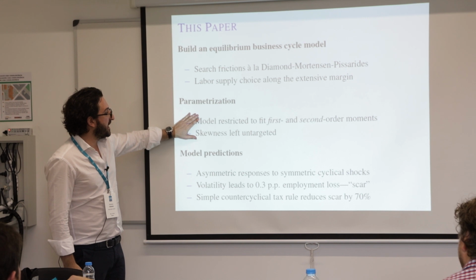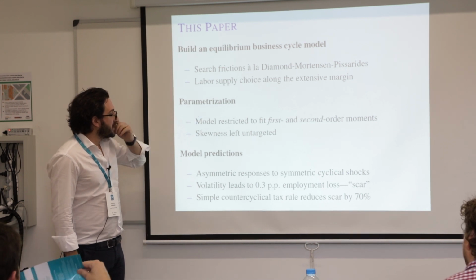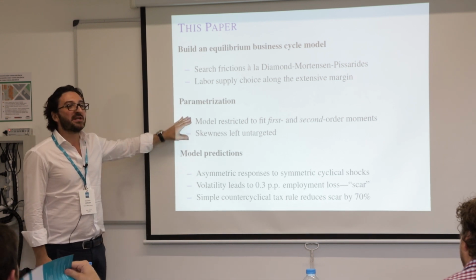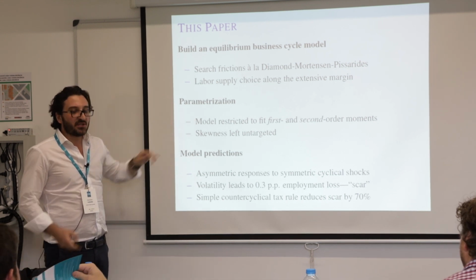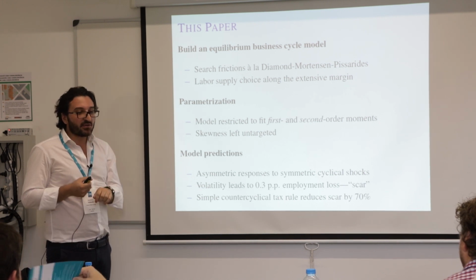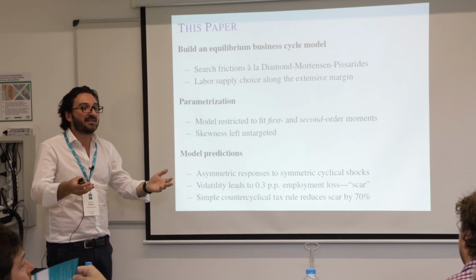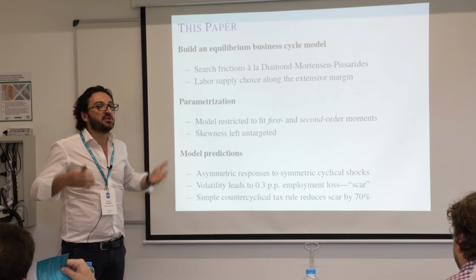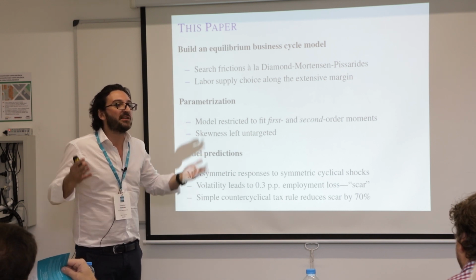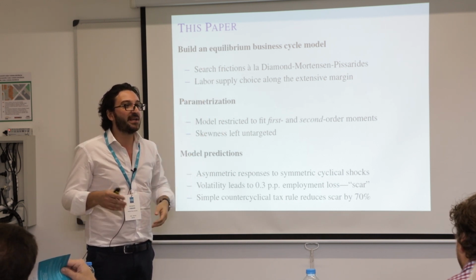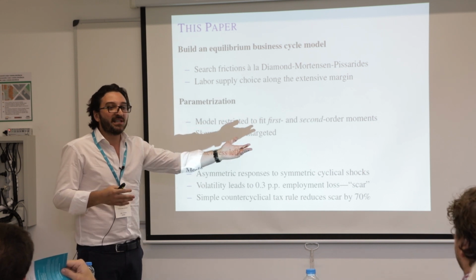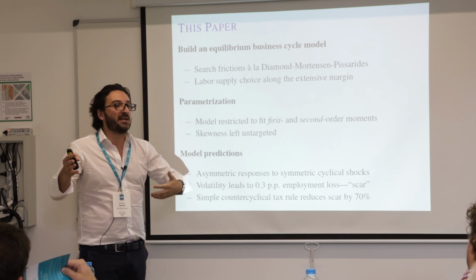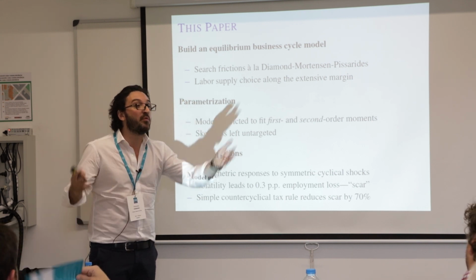What I like about this parametrization, and this is related to what I was telling you, is that the negative skewness, or the lack of it in the data, is not hardwired in the model. What I mean is that there are parameter configurations in which the model delivers completely counterfactual implications for the participation rate, like positive skewness in the participation rate, but the model tells you that that's because you are missing the volatility of some flows or the co-movement of some flows.